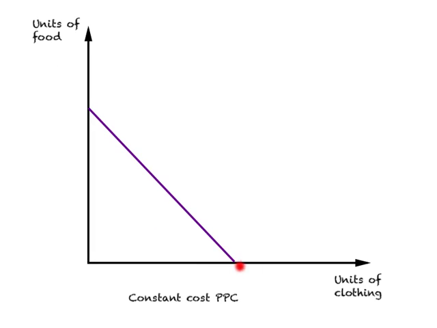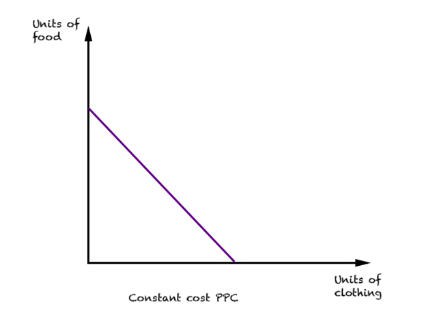Now consider the case of constant cost PPC, and this simply means opportunity cost of clothing, or MRTCF, or the slope of PPC stays constant in terms of absolute value.